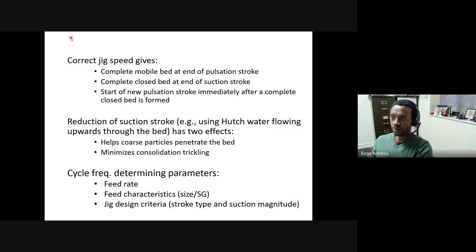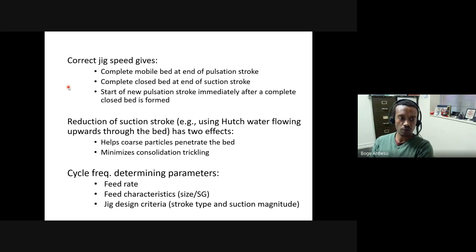So how long or how quick depends on how you want to operate the jig. Okay. So in some cases, you could, for example, allow the suction stroke to be reduced. As soon as you apply a pulsation motion, particles have been lifted up, and then they fall back to compact. But you can actually reduce the amount of suction applied following the pulsation by introducing what we call hutch water.